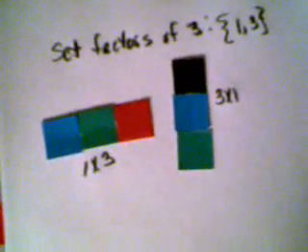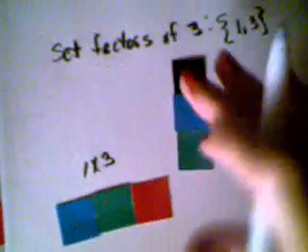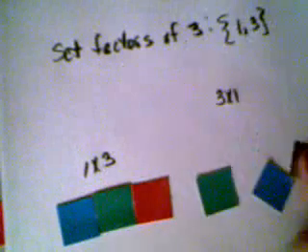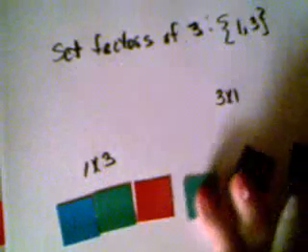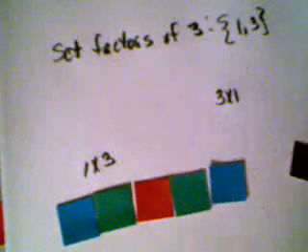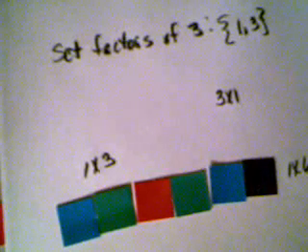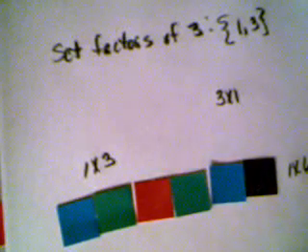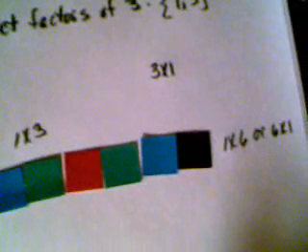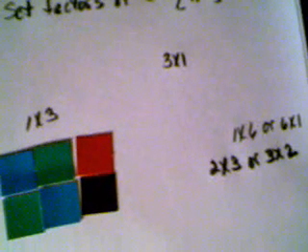Alright, let's look at 6. If I have 6 tiles, I can do a 1 by 6 or a 6 by 1. I can do a 2 by 3 or a 3 by 2. And that's all.